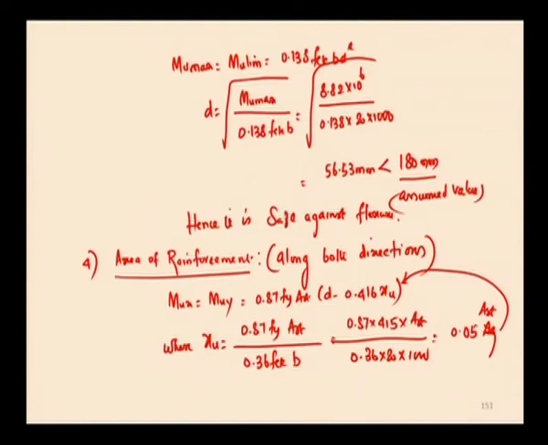Now, mu x is 8.82 into 10 to the power 6 equal to 0.87 into 415 into Ast into d minus 0.416 into 0.05 Ast, where d is 180.